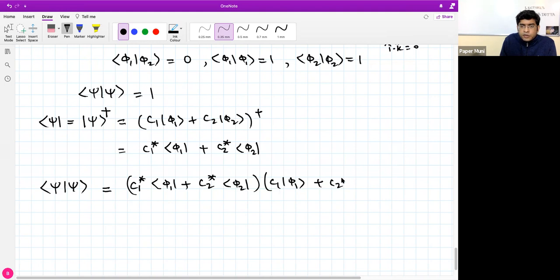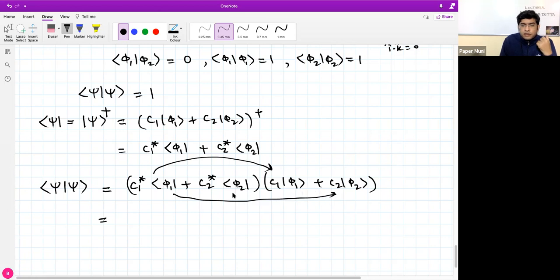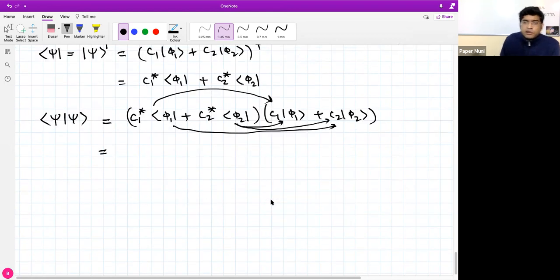So you can simply multiply them now. This term is multiplied by this term, then this term by this term, and similarly this term by this, and then again this term by this. So this is how it's distributed. It looks like a simple multiplication.